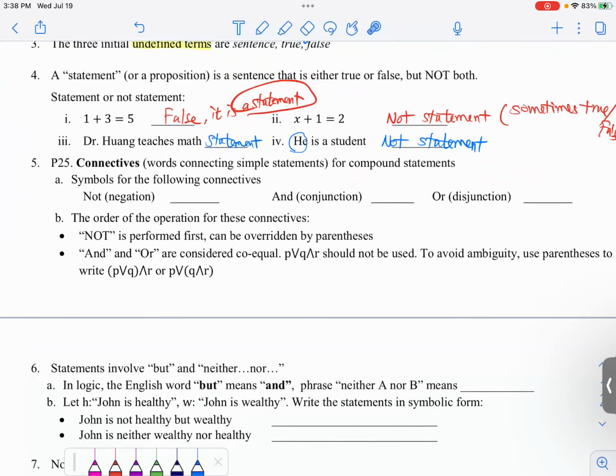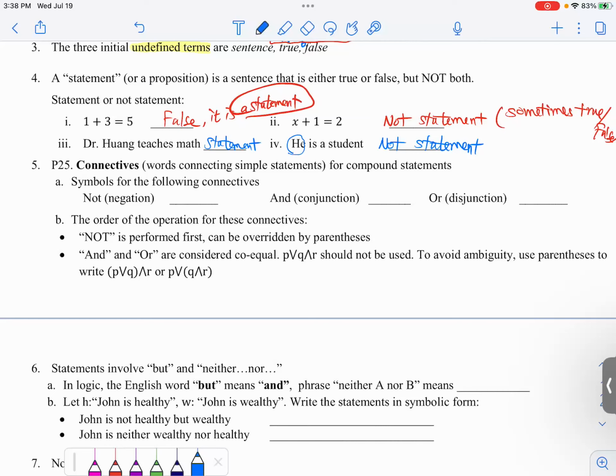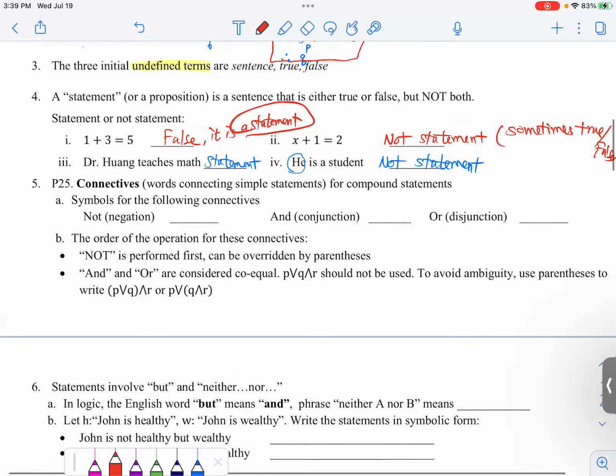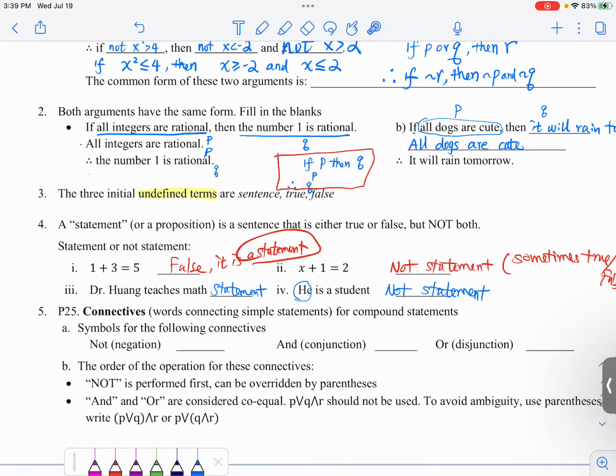Next, we are going to introduce connectives. What are connectives? They're the words connecting simple statements so that we form more complex statements, which are called compound statements. There are 3 very fundamental ones we are going to introduce. There are more in the future. The first we are going to introduce is the not. We have experienced the not right there, right?